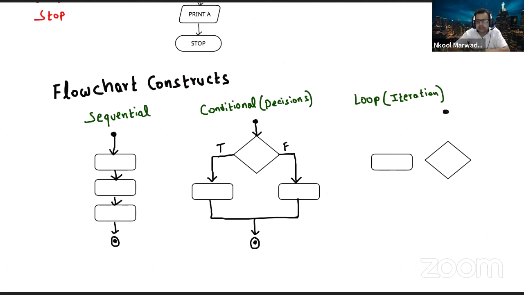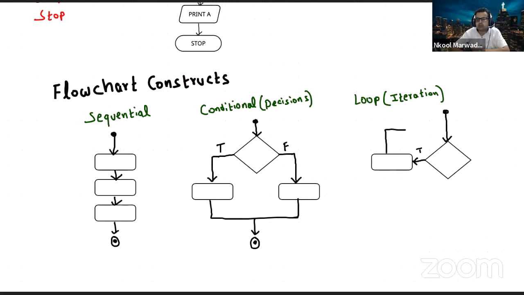If the condition is true, I will perform some logic, which is the part of the loop, inside the loop. And then after performing the logic, once again I will check the condition. If it is true, once again I will perform that logic and I will keep on doing it.